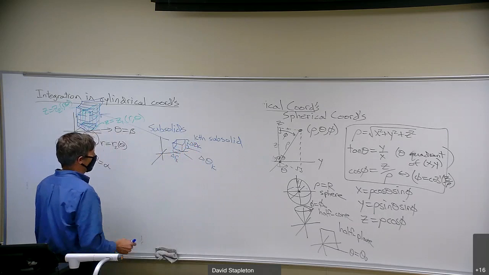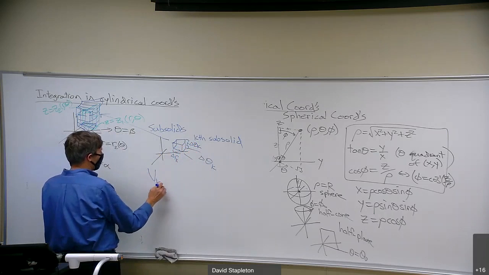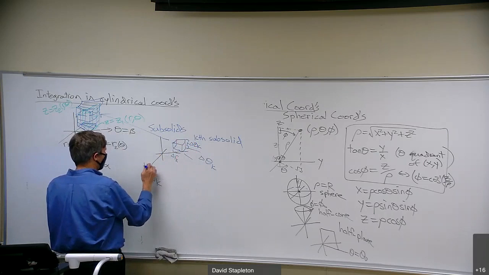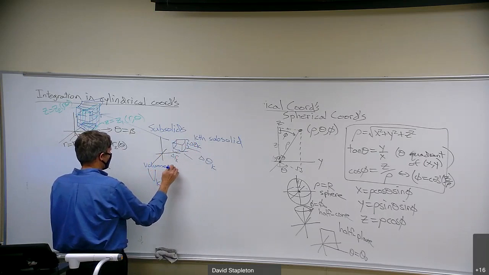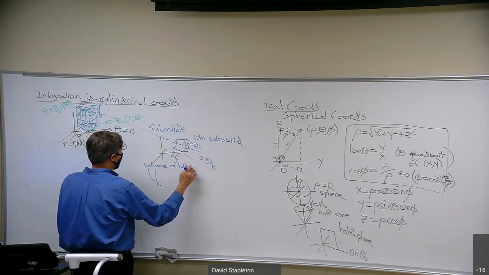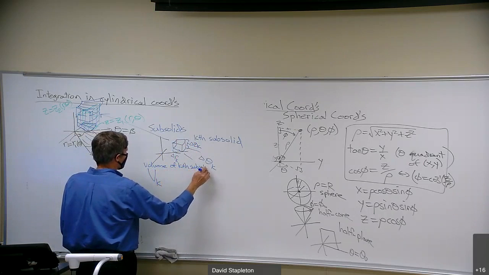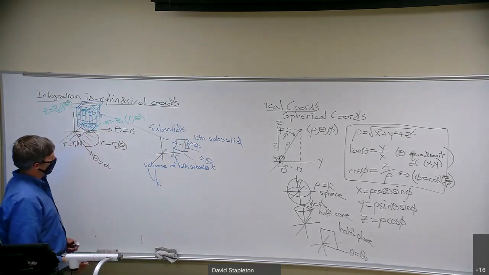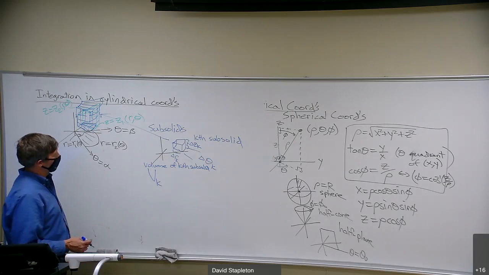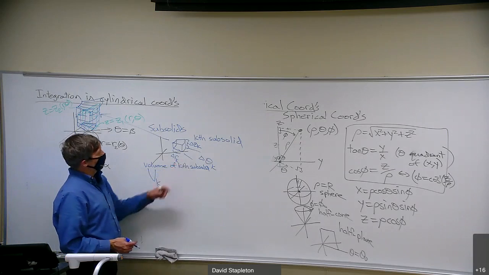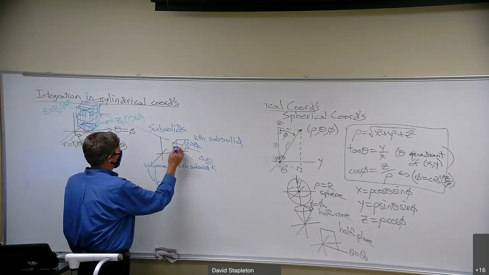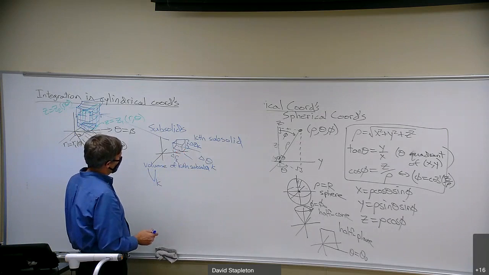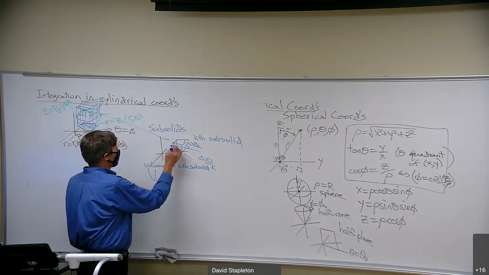Well, what is vk, the volume of this subsolid? What we want to do is add up all these volumes and multiply each times the function at that point. Call that the triple integral of the function over this. Well, delta theta k is the angle there. This goes back to the origin here, by the way. This is a sector.